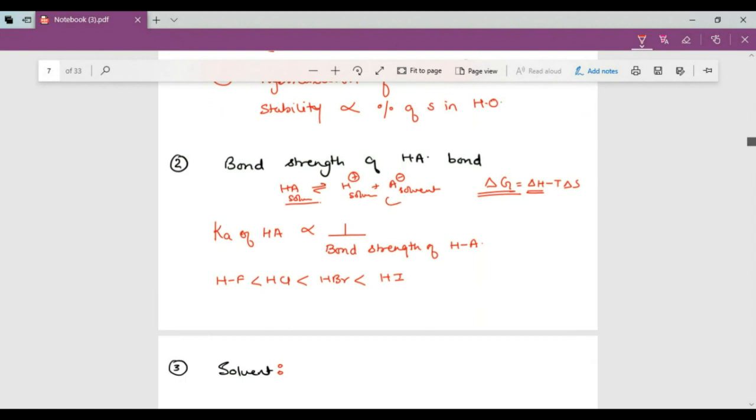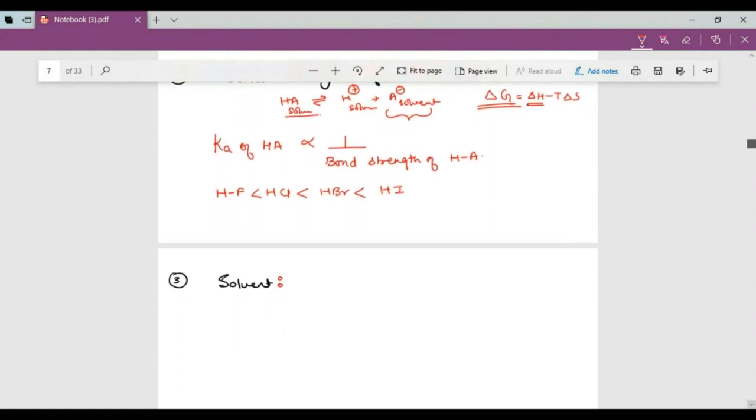But what about this A minus solvated? As this A minus becomes more and more stable by the solvation support from the solvent, this equilibrium can be pushed forward. But there is one more important factor related to solvent.